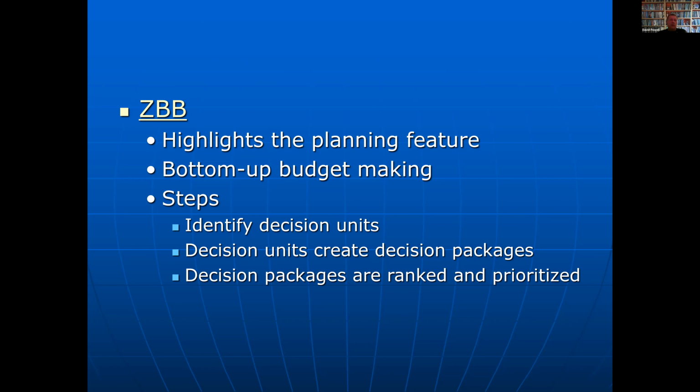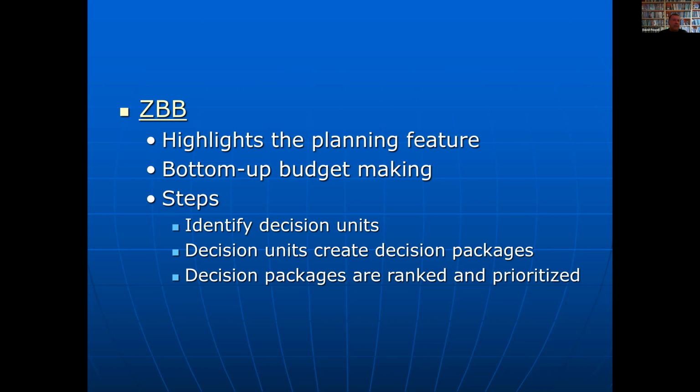Now, the problem obviously with zero-based budgeting is that it takes a lot of time and it takes a lot of resources. The state of Virginia is a state that uses a very rigorous zero-based budgeting process for all of its state agencies. Individual state agencies may produce hundreds or thousands of decision packages that they're going to have to consider and rank and prioritize.